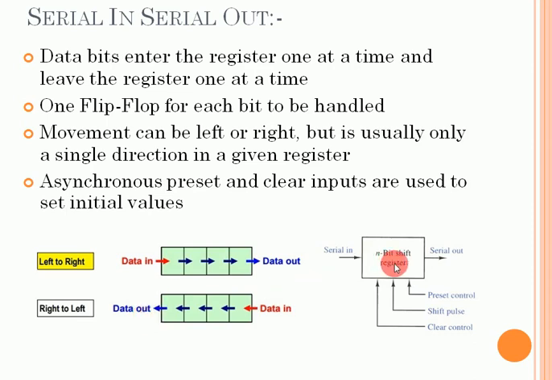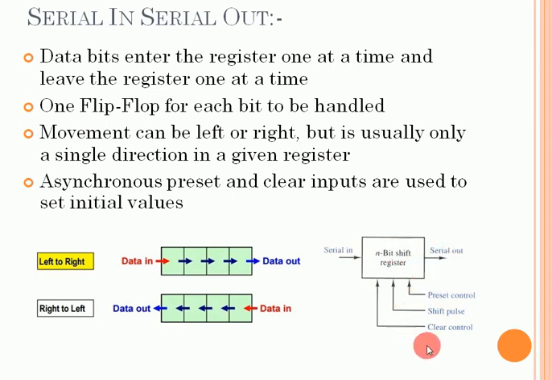Here you can see the block diagram for the serial in, serial out shift register. Asynchronous preset and clear inputs are used. Here we can see a preset control, a shift pulse and a clear control signal. This represents the serial in, serial out.